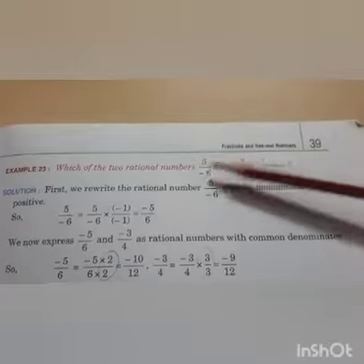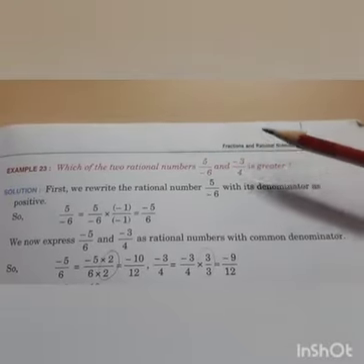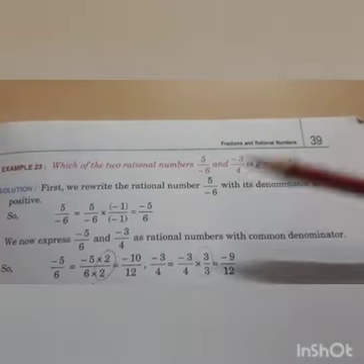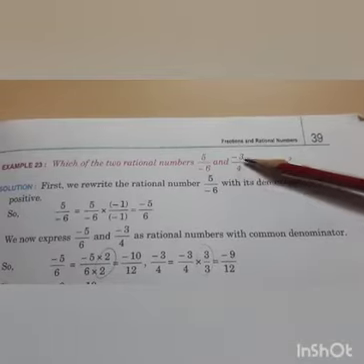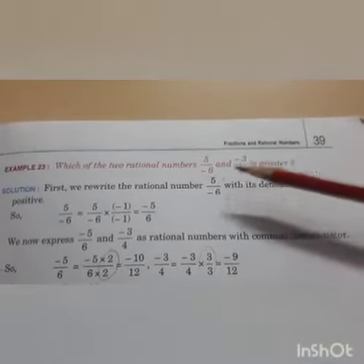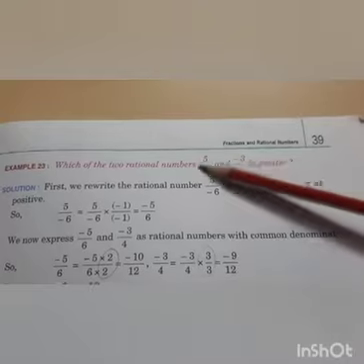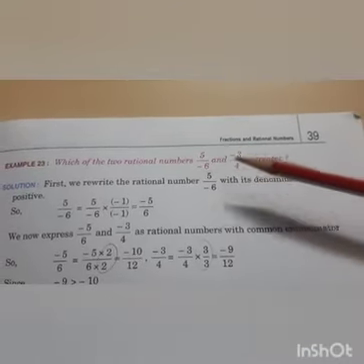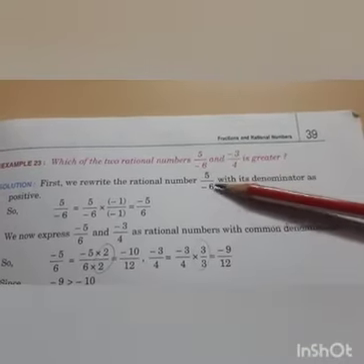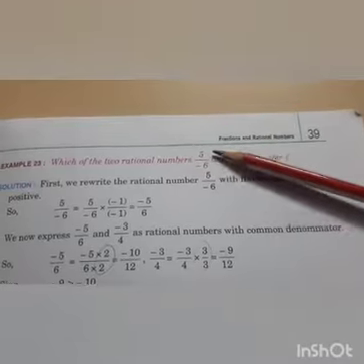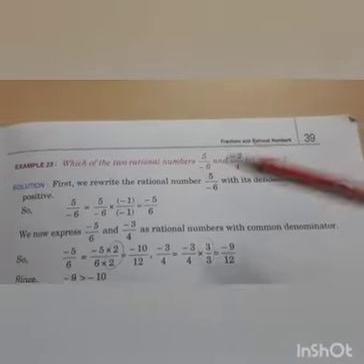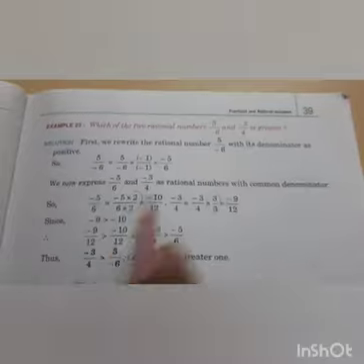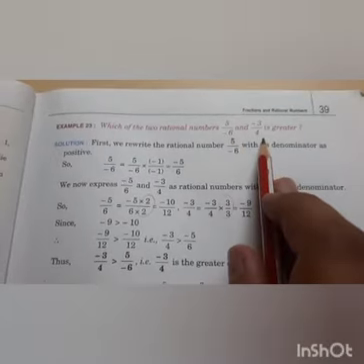So whenever any rational number is given and it is asked to write it in greater or smaller form or compare which one is greater or smaller, the easiest way is to make the denominators of both the rational numbers common. When the denominator becomes common, you can easily identify which one is greater and which one is smaller. Similarly, in this question, 5/-6 and -3/4.